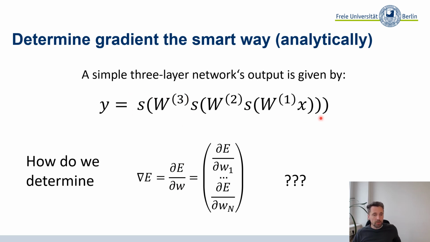For simple networks, we could do this by writing down this partial derivative, using the rules that we know. We could write this down analytically, and then we have an equation that we could use to compute the gradient.